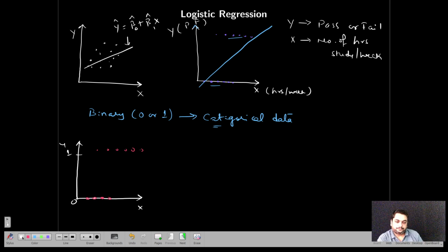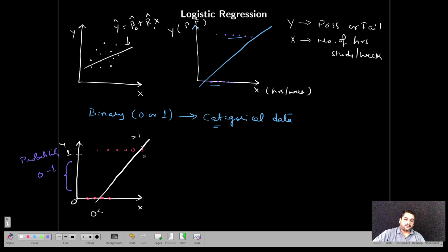Now if I draw a regression line like this, above this it is greater than 1, and below this it is less than 0. But our values lie between 0 and 1. So this is nothing but what you can understand as a probability. What is it that we are finding? We are finding the chances of whether it will fail or pass. So this is nothing but a probability between 0 and 1.